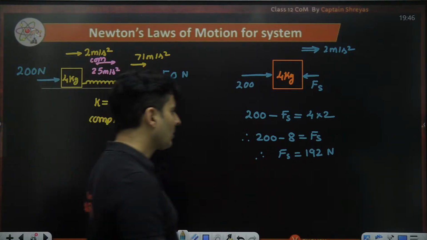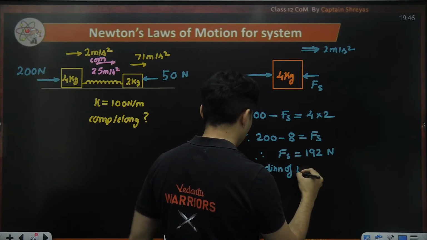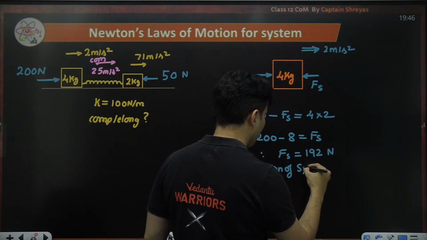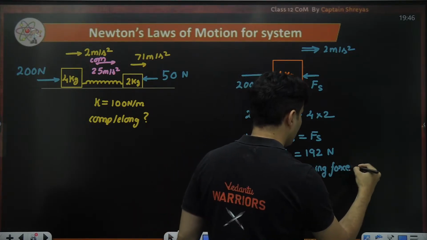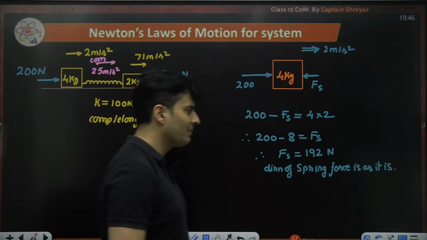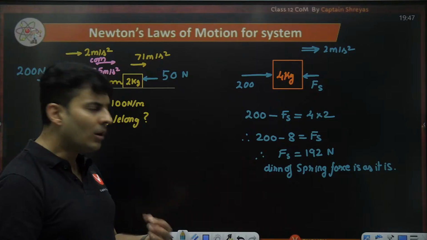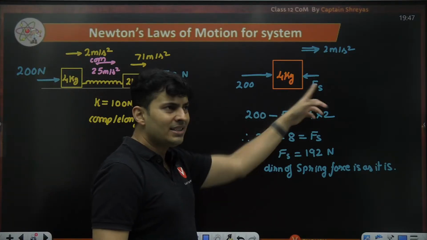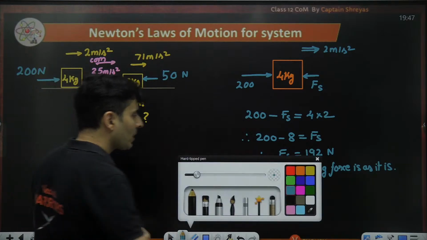That means the direction of the spring force is as assumed. Okay. Now what? If the spring is applying a force like this, think when can it apply a force like that?